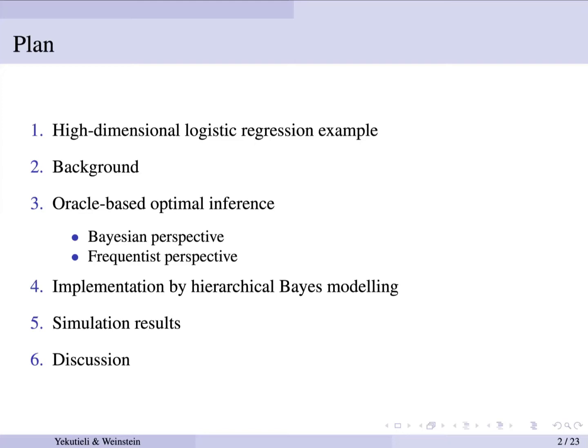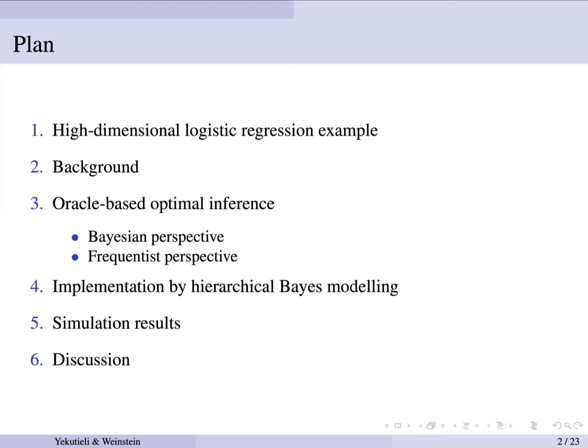And then I'll talk about this oracle-based optimal inference, and I'll show what this means from a Bayesian perspective, as it is a Bayesian construct. Then I'll also show that this Bayesian construct actually has very good frequentist properties.